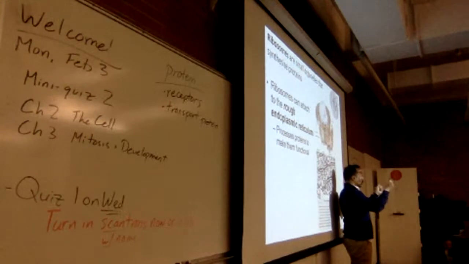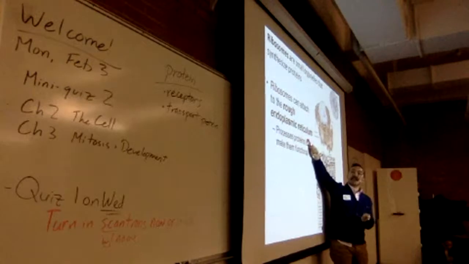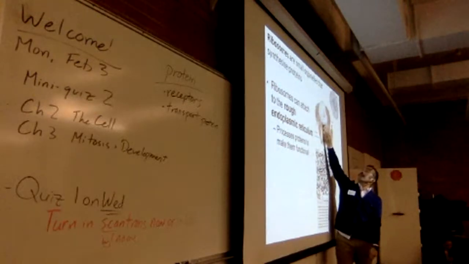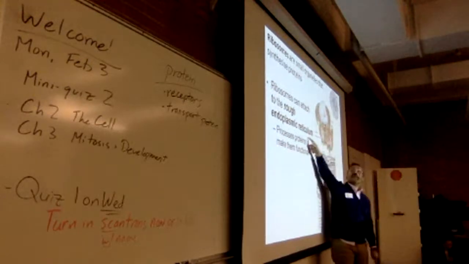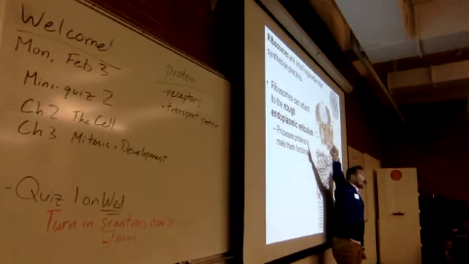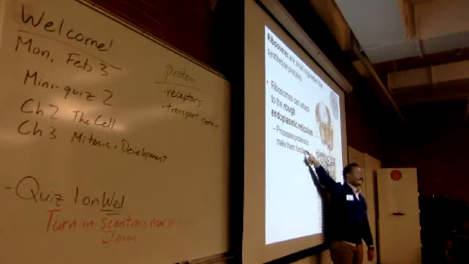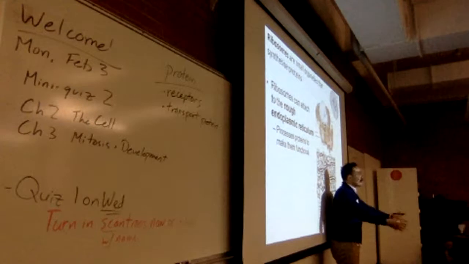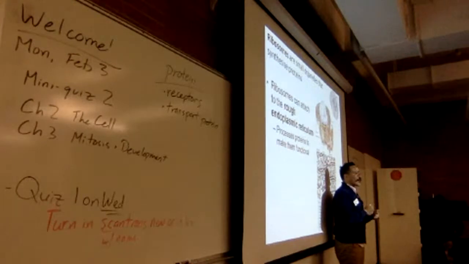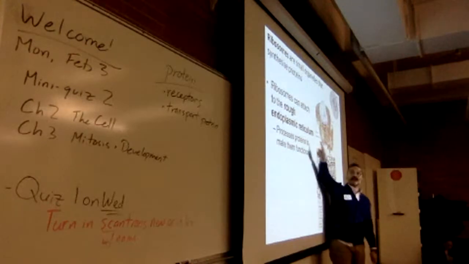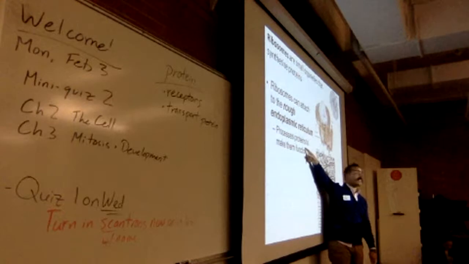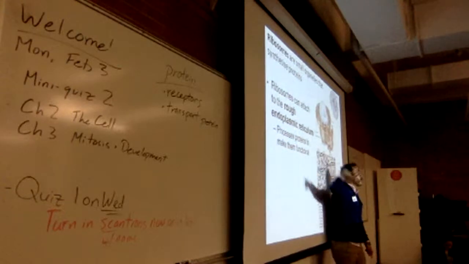Once we have our rough product, it gets inside of the rough endoplasmic reticulum. The rough ER doesn't create the protein, but it folds the protein. It makes it functional. If you have a box that's flattened out, it's not functional. For a box to be functional, you need to fold it and tape it into the right shape. That's what happens in the rough ER. It processes it, it folds it into the right shape.